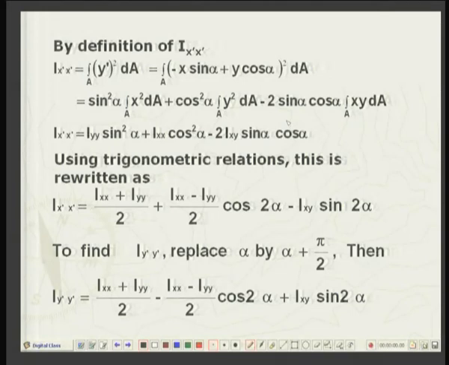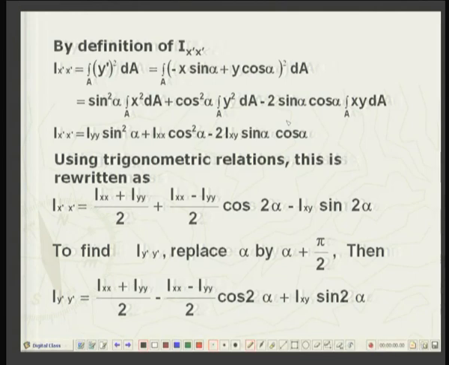Well, this relationship can also be recast in a slightly different manner by using trigonometric relations.